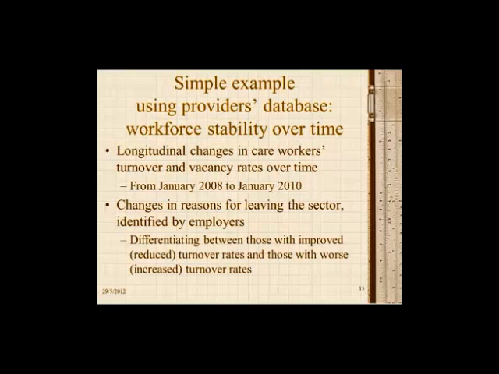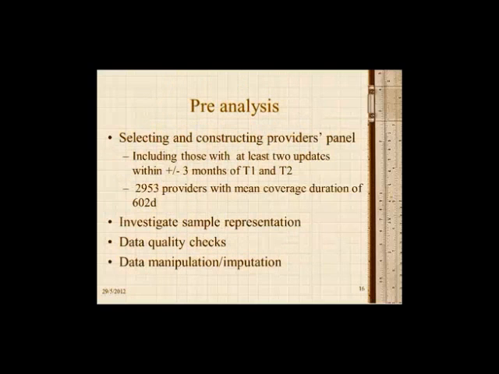And again, this is part of the limitation of routinely collected data, because I have to work with what you have, and then maybe you can link it further with something else. And then we were interested to look at these changes in reasons among those who have improved their turnover over the 2 years, or where actually things have been going badly.